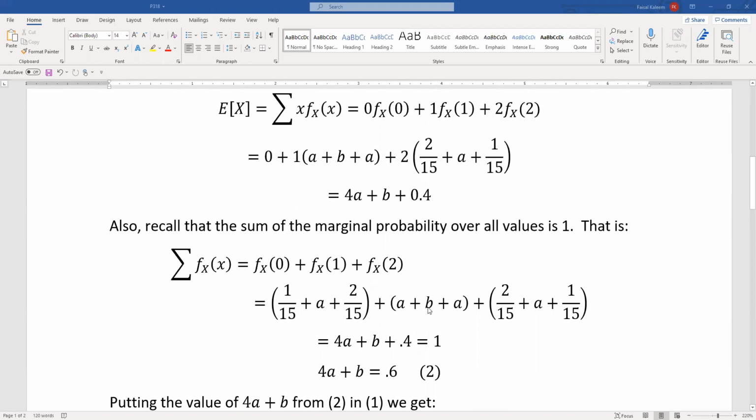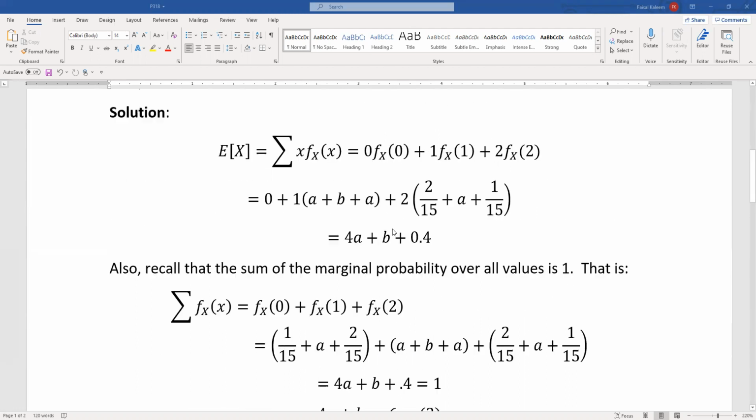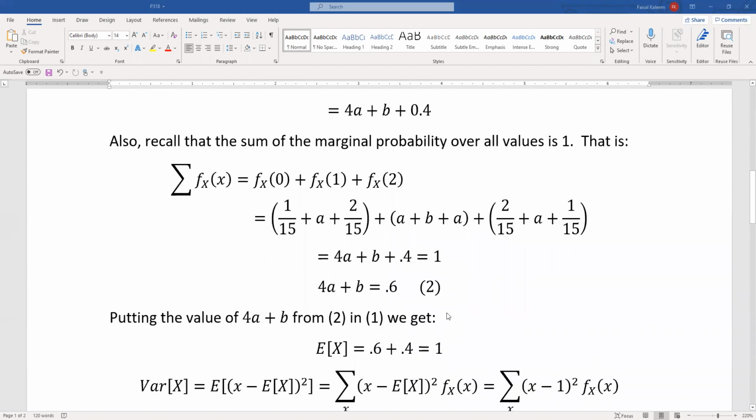Similarly, fx1 was a plus b plus a, and fx2 was 2 over 15 plus a plus 1 over 15. All this simplifies to 4a plus b plus 0.4, and this has to be equal to 1. So from here we get 4a plus b equals 0.6, and now we can substitute this in the equation. So we get E of x equals 0.6 plus 0.4 equals 1.